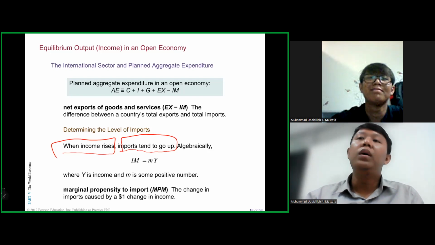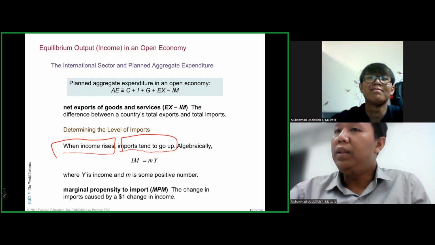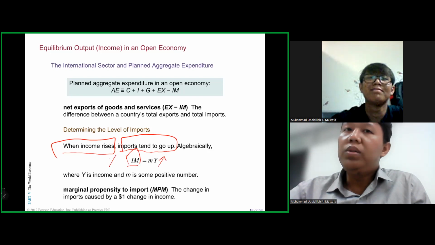They come from foreign or multinational companies abroad. So they write a simple mathematical function here, where import is a positive function of income. So whenever we have an increase in income, our import will also go up.